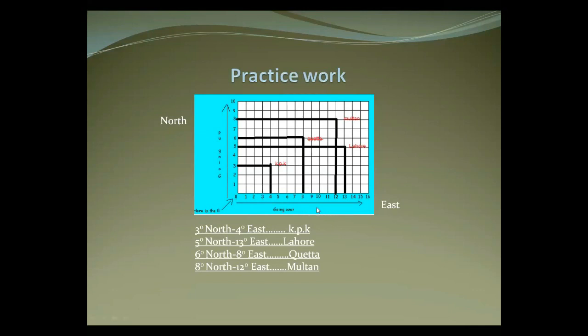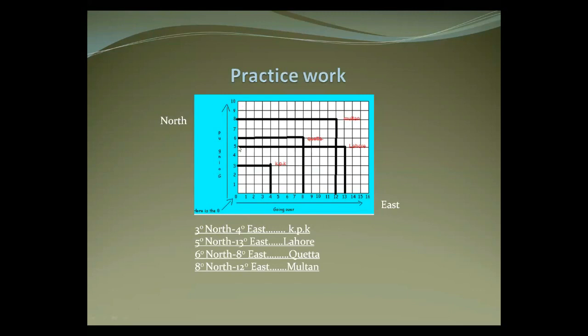Here the numbers on the graph start from the bottom along the north axis: 0, 1, 2, 3, 4, 5, 6, 7, 8, 9, and 10.